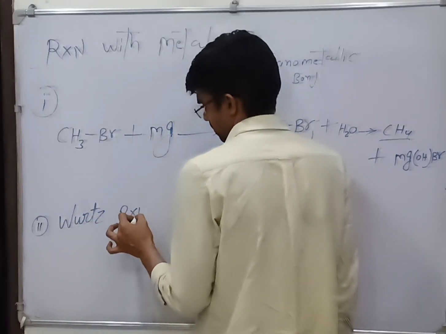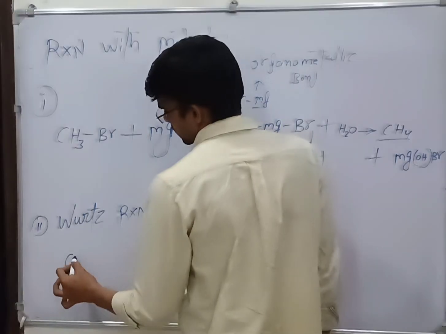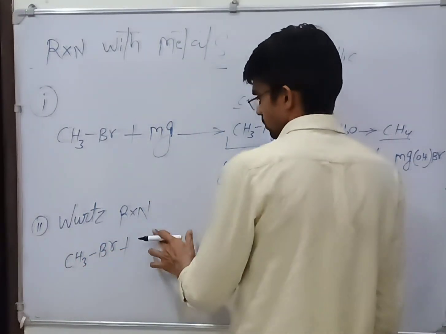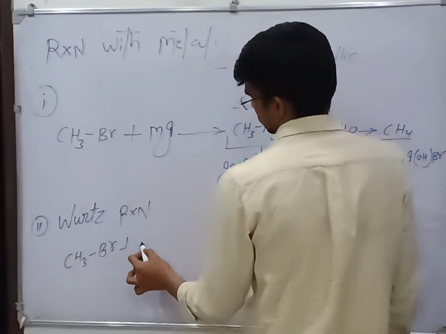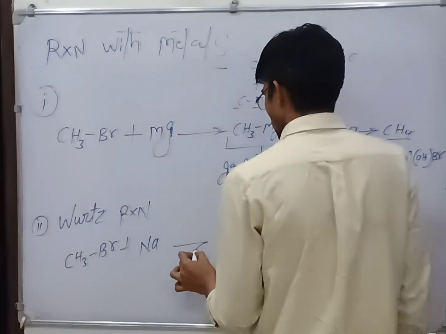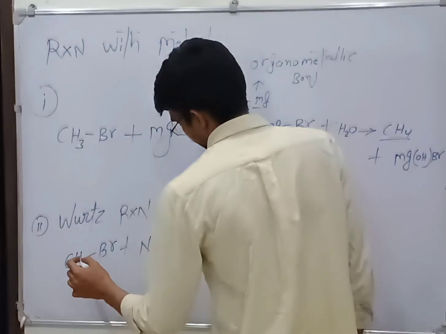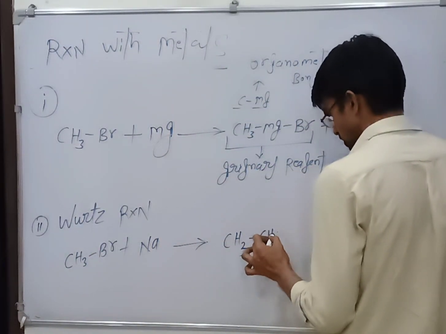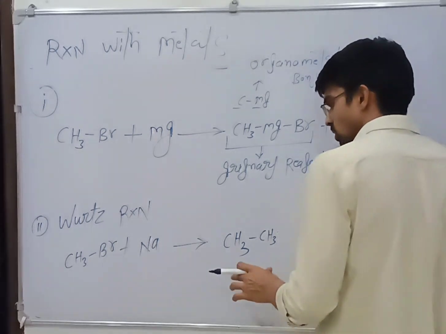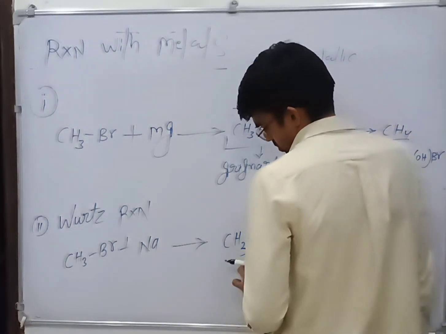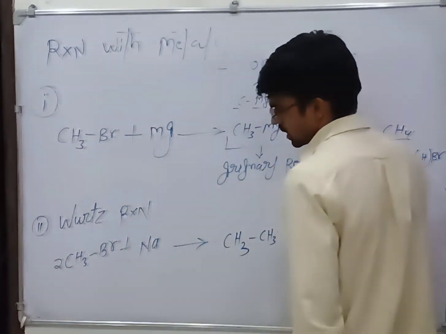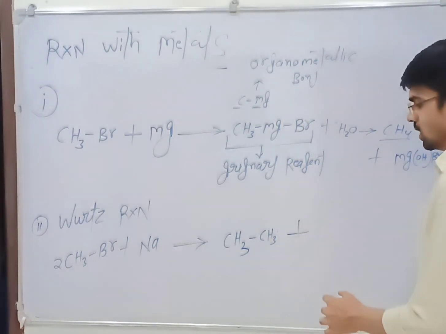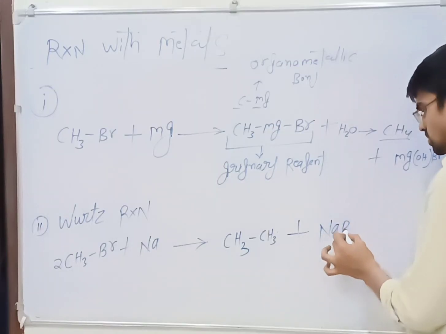The second one is Wood's reaction. If we react this methyl bromide with sodium, it will form an alkane, CH3 CH3, and that alkane has more carbons than in the reactant side, plus it will form NaBr.